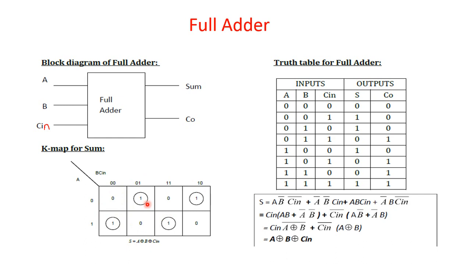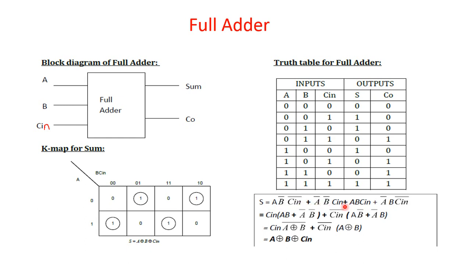Quad is also not possible. Then check the pair. Pair is also not possible. So we have to group individually, and 4 ones will be grouped.